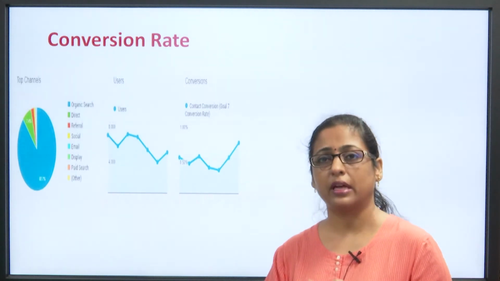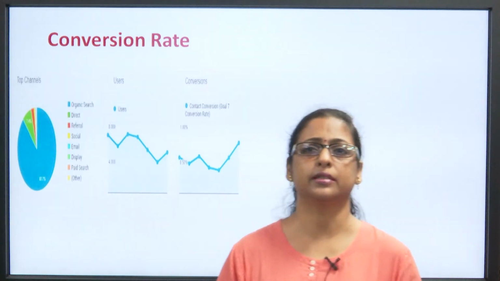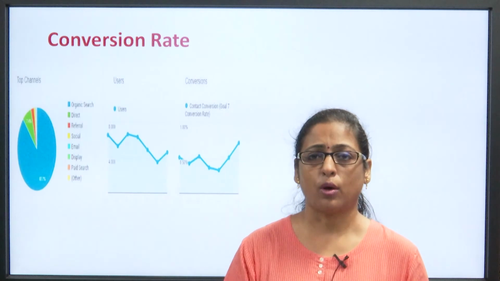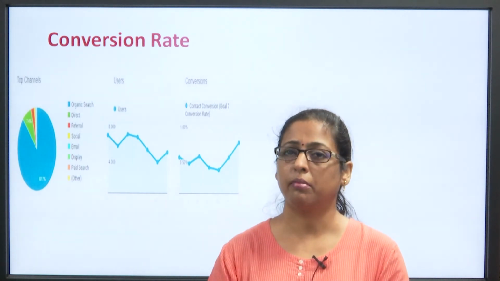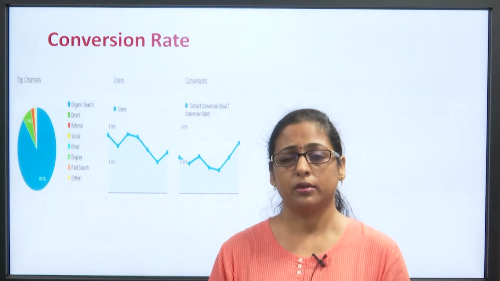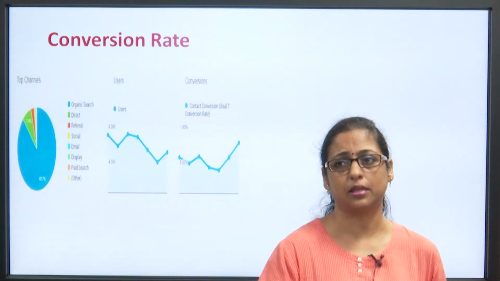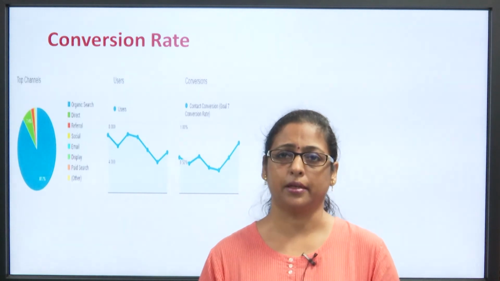I am just taking a hypothetical example here. For any company XYZ, the audience can be a million, but the people who have actually started purchasing their product is, let us say, only 10.